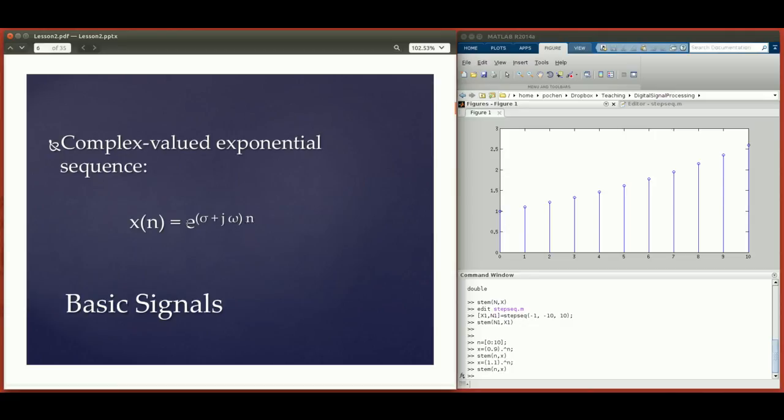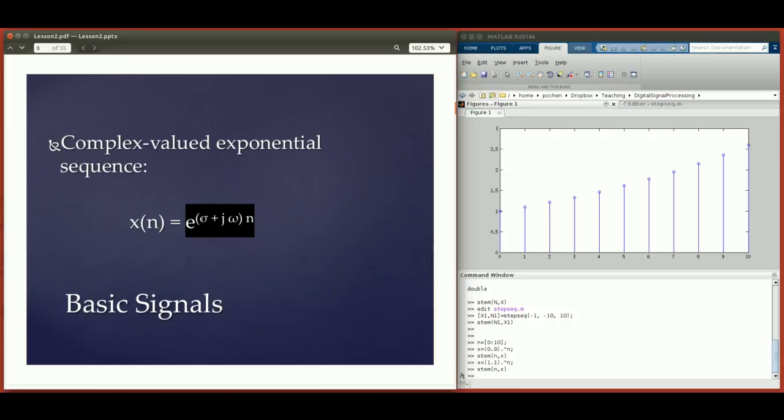This is a polar representation. If you haven't learned about complex numbers before, we can spend some time talking about different representations of complex numbers and how to apply operations on them.